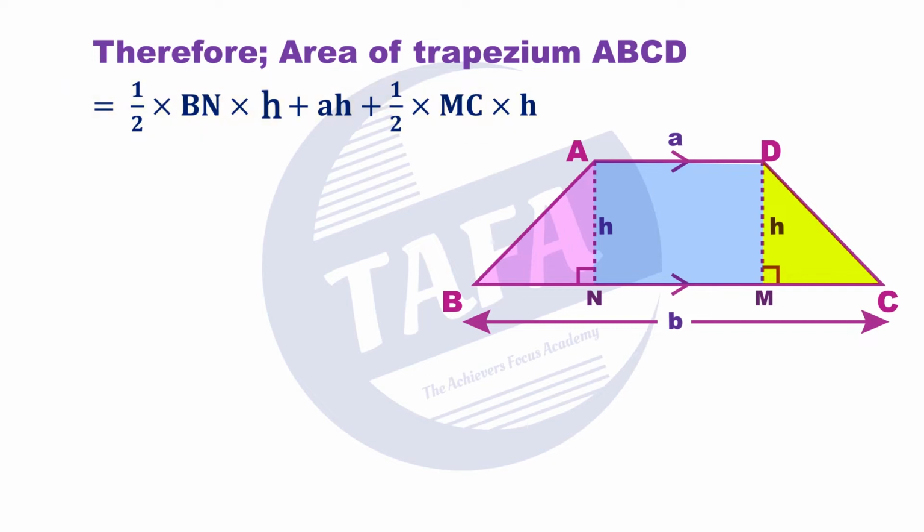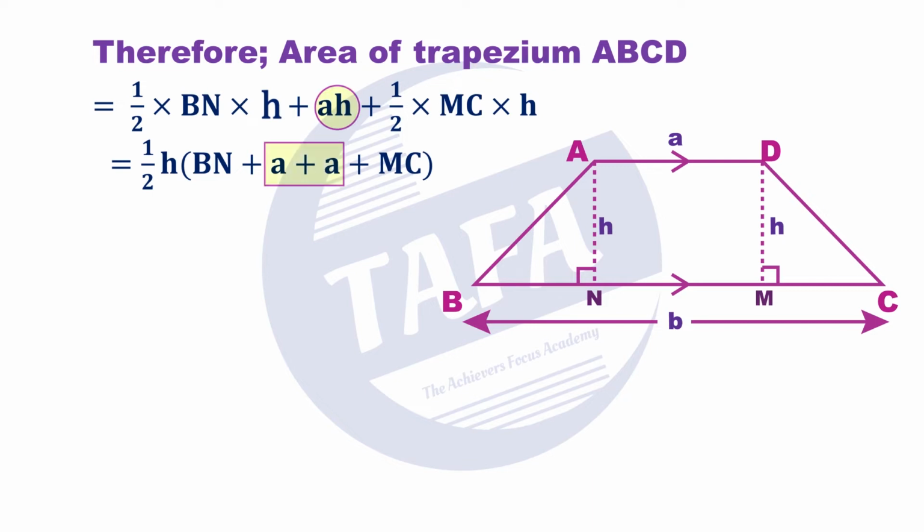Now, a half H is common, so we can factor out a half H so that we remain with BN plus, when opening the brackets, for us to get back AH, then we need 2A, so that a half H times 2A, you get back your AH.